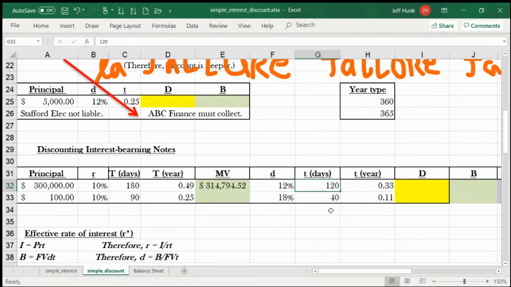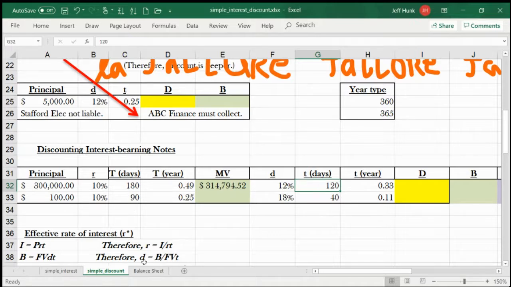But on day 60, now, the verbiage is missing, but from the data I can tell this is the discount period, right? How do I know? The time left to maturity is 120. What does that mean?